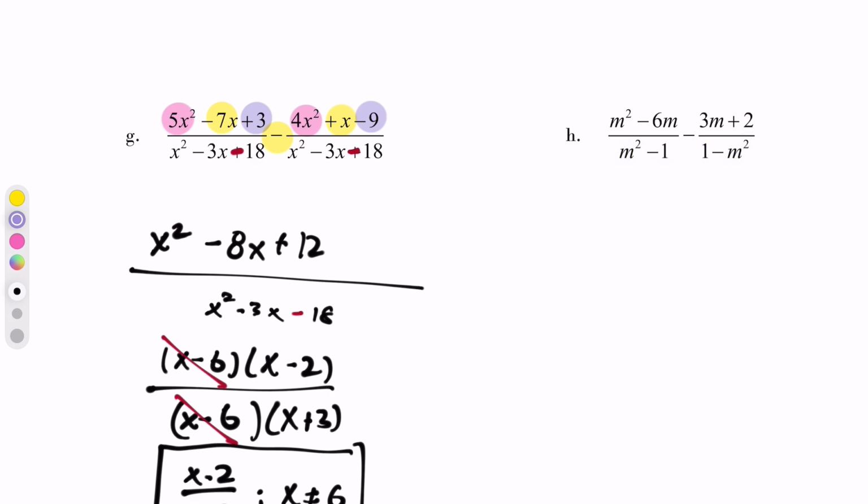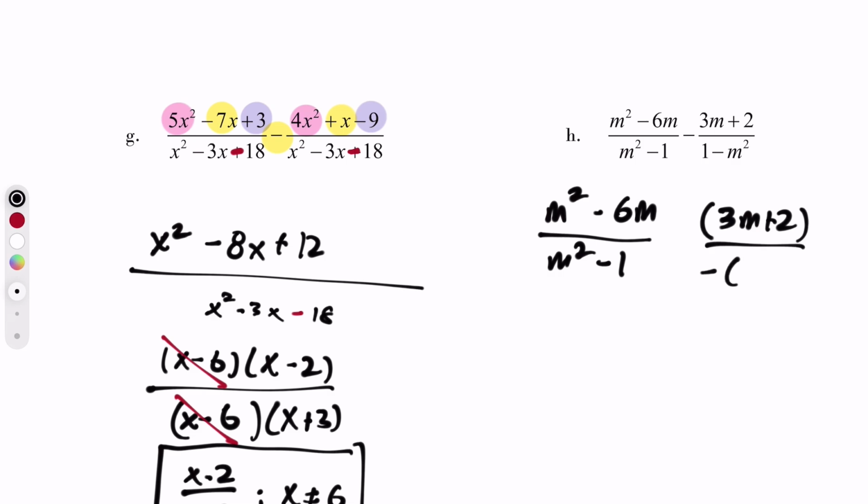Say we have m squared minus 6m over m squared minus 1, and then we're going to have 3m plus 2 over the opposite of m squared minus 1. And again, there's that minus sign in between, which allows me to take the negative from the fraction on the right and use that to make that an addition sign.